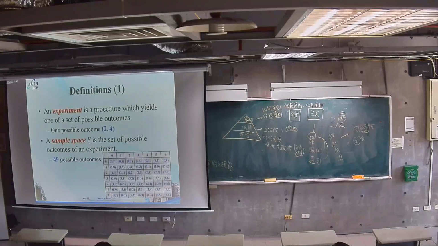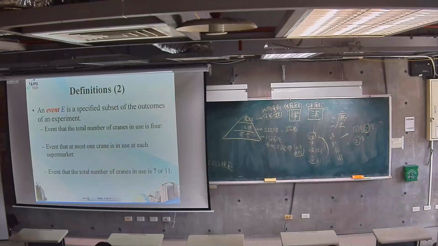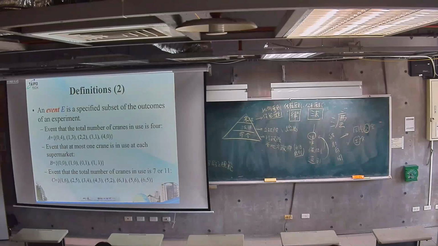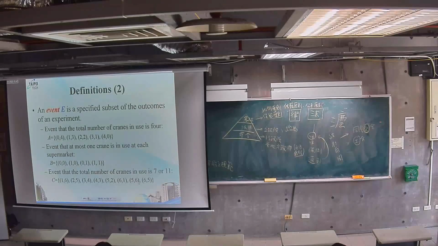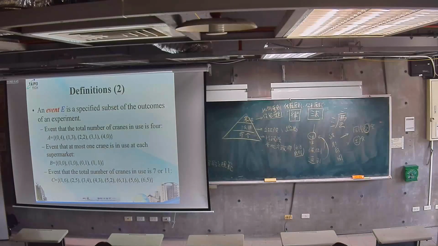You can check that for the total 7, it could be this line, and for 11, could be these 2. We do the union of these 2 subsets because we define it as an OR. So we have a subset like this: 1, 2, 3, 4, 5, 6, 7, 8 outcomes. This is an example for the events.